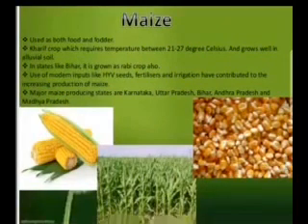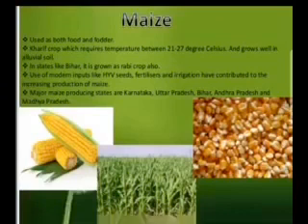Maize. Maize is used as both food and fodder. It is a kharif crop which requires temperature between 21 to 27 degrees Celsius and grows well in alluvial soil. In states like Bihar, it is grown as a Rabi crop also.